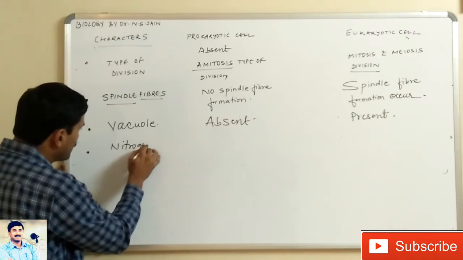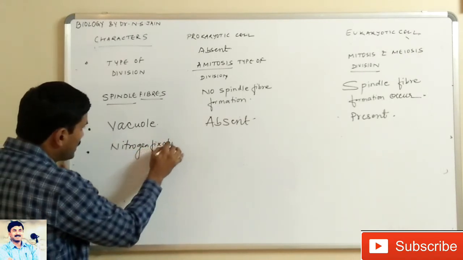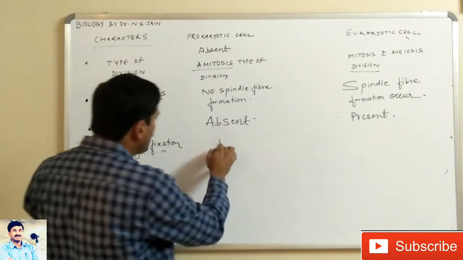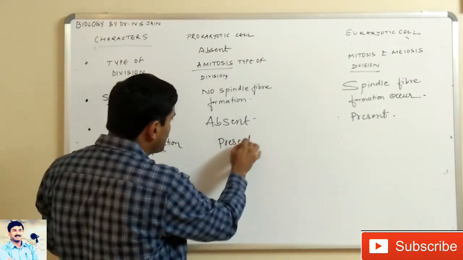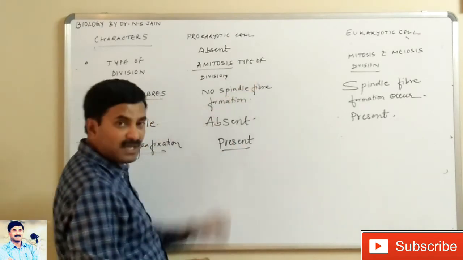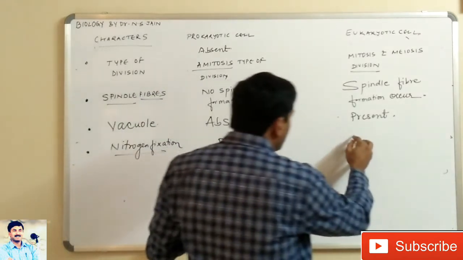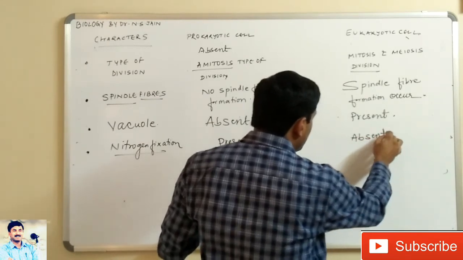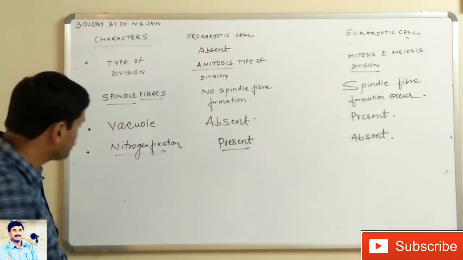Nitrogen fixation. This power is a feature of the prokaryotic cell. So nitrogen fixation is present here, while in the case of the eukaryotic cell, the nitrogen fixation power is absent.